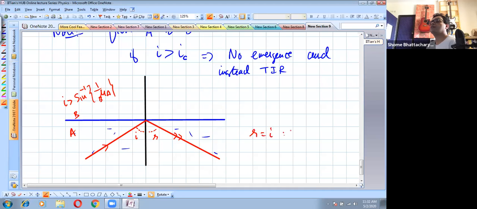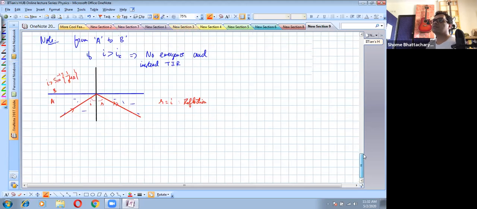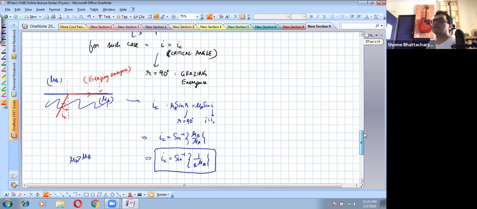In that case, it follows the law of reflection, r is equal to i. It's after all just like a reflection. So the interface of the rarer medium on the denser medium actually acts like a mirror. It creates a plane mirror kind of situation in this diagram. Make a quick review of this, and we'll discuss some typical questions based on this also.